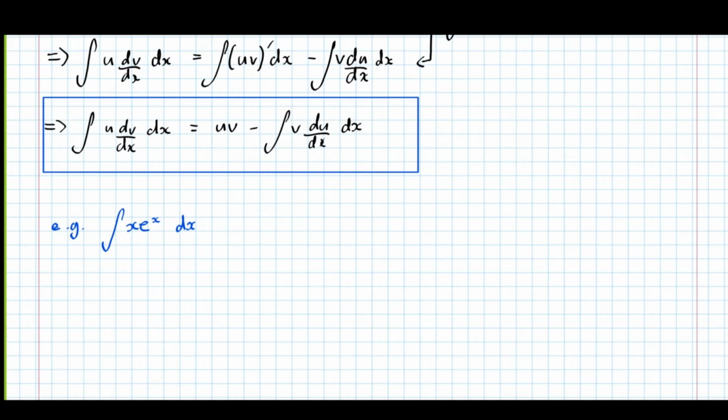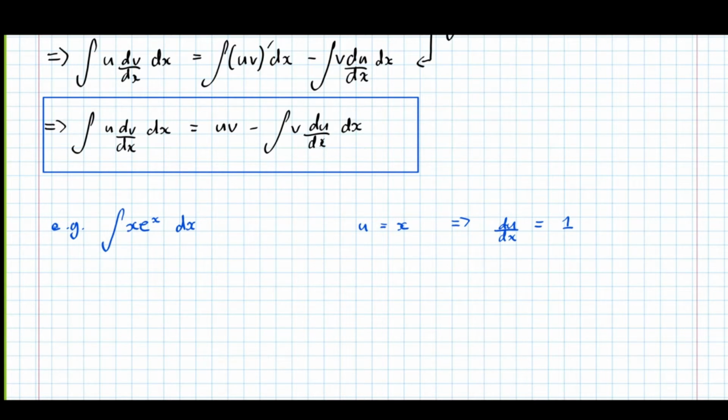And that's where this integration by parts comes in, because it says the integral of the product of two things. Well, I've got the product of two things here. I've got x times e to the x. So in this case, our u equals x, and that means that if we differentiate that, du by dx equals 1.